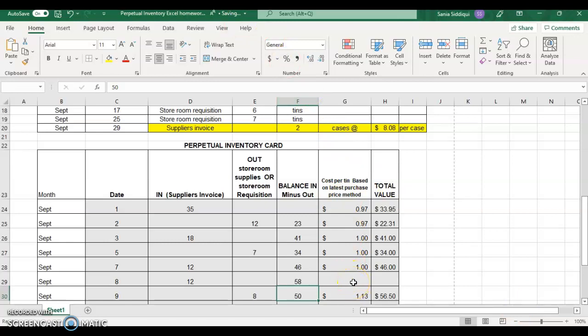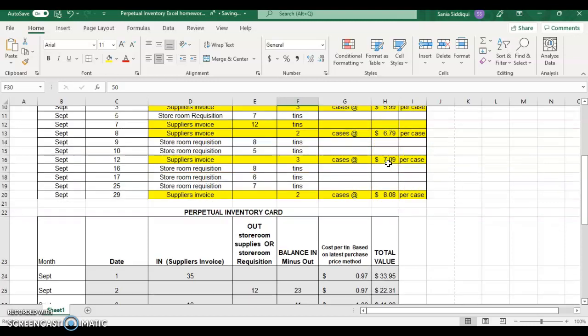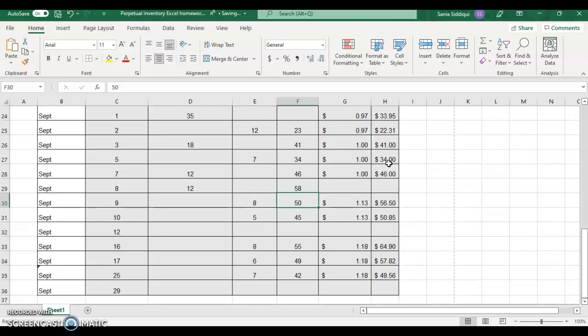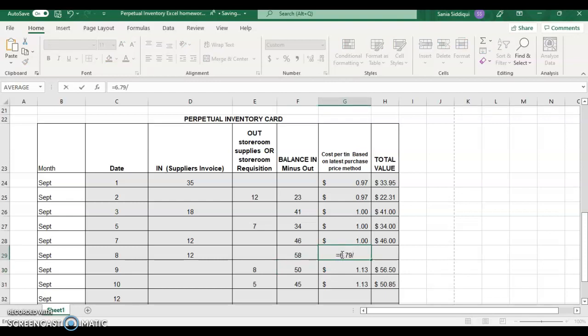Now at this point, as you can see up here, the latest purchase price has changed. It is now $6.79. So in order to figure out the cost per tin, just like before, we'll take the $6.79 and divide it by 6, which is the number of cans in each case.